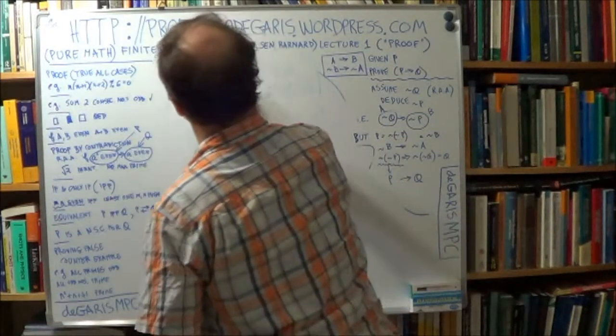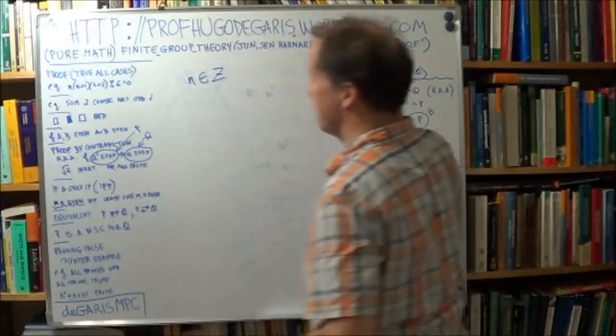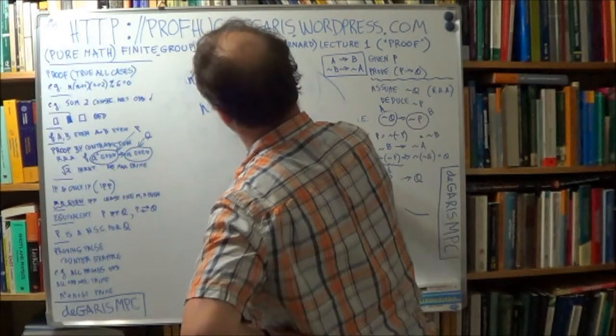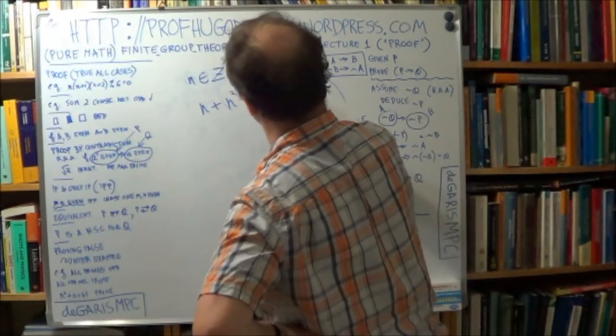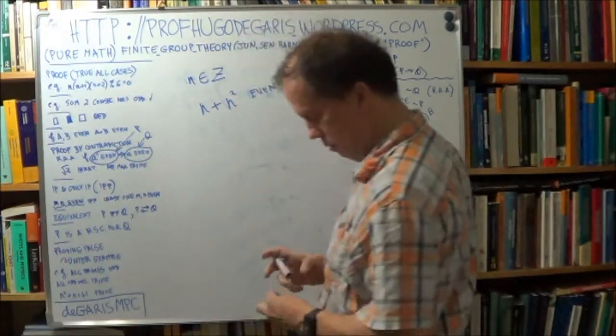Okay, so n belongs to the integers, and you have to prove that n plus its square, n squared, is even. Okay, so how would you do that?